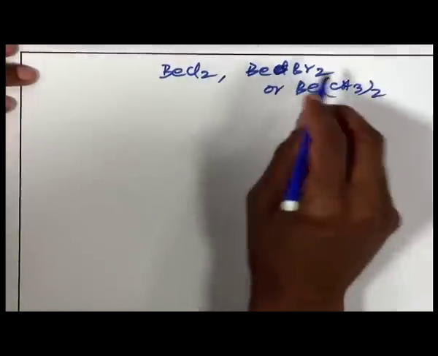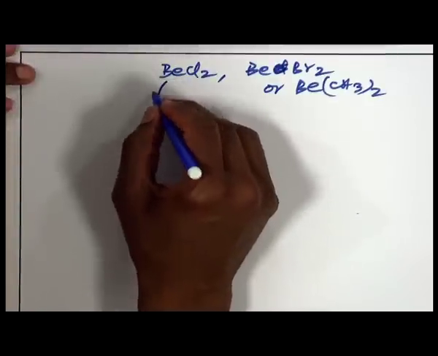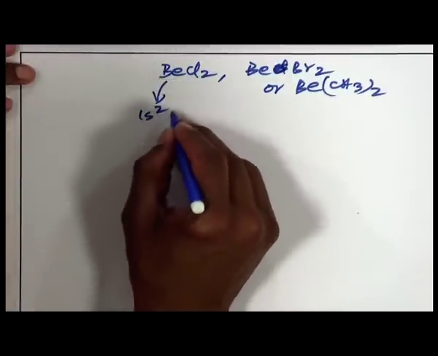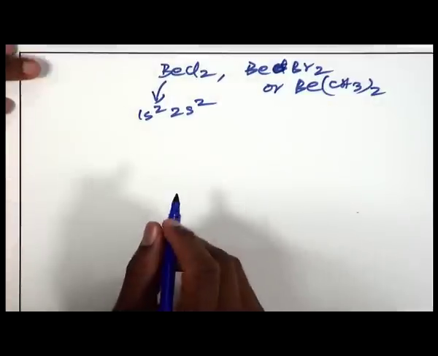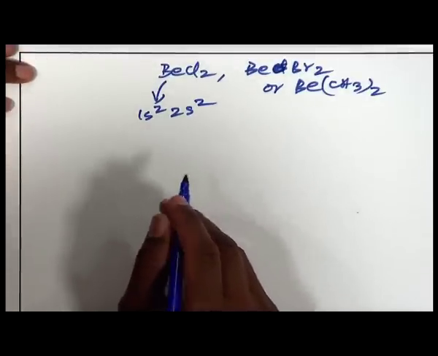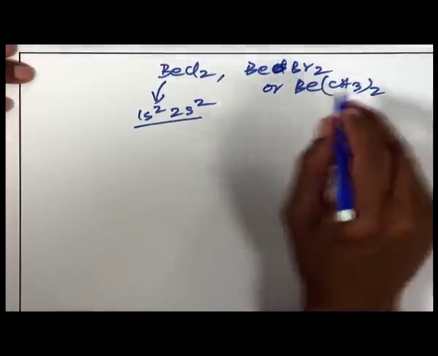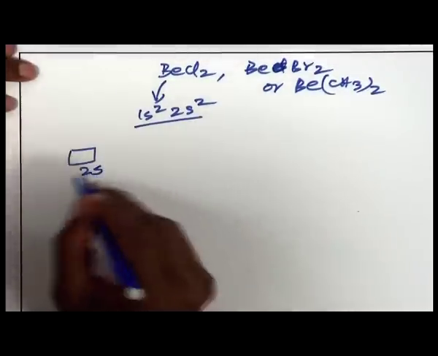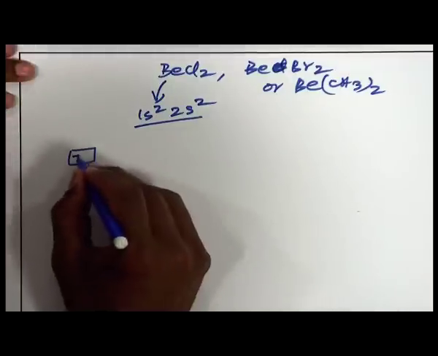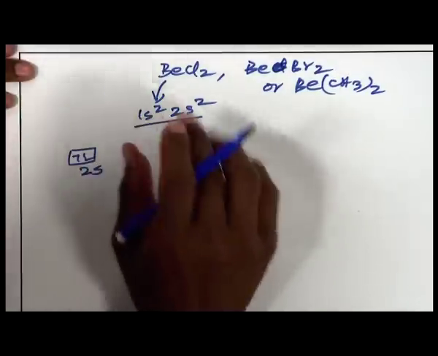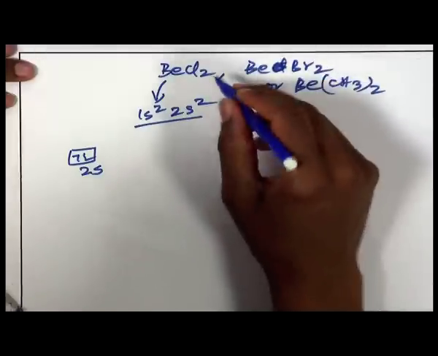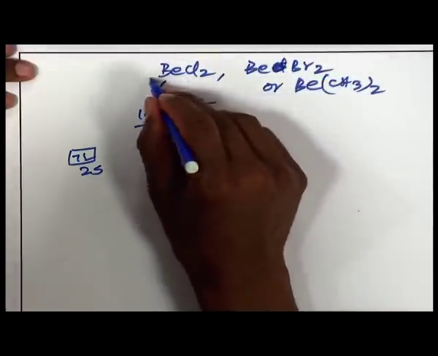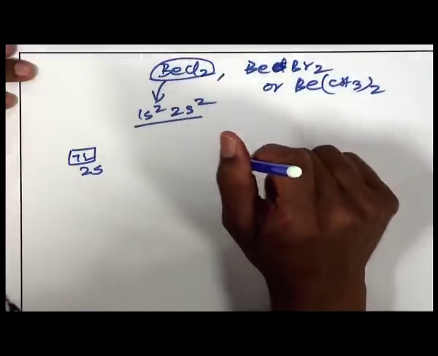Now, you know the electronic configuration of beryllium is 1s2 2s2. This is the 2s orbital of beryllium and it contains no unpaired electrons. But how is it possible for beryllium to form two bonds with two chlorine atoms?